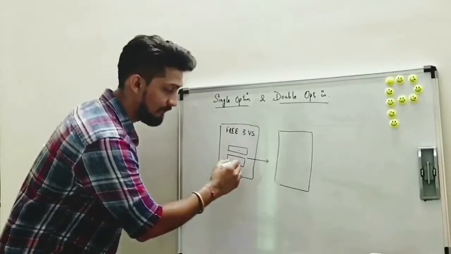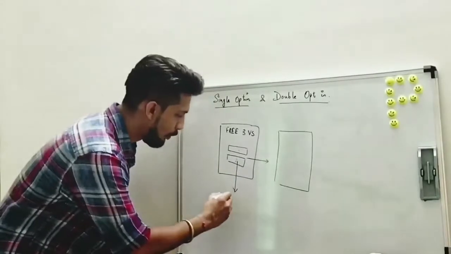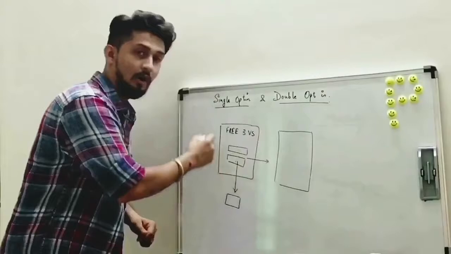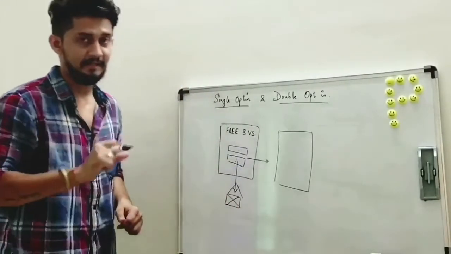But what happens when you are entering the details? The details go into an email marketing automation system of the business owner, and you get an email instantly.